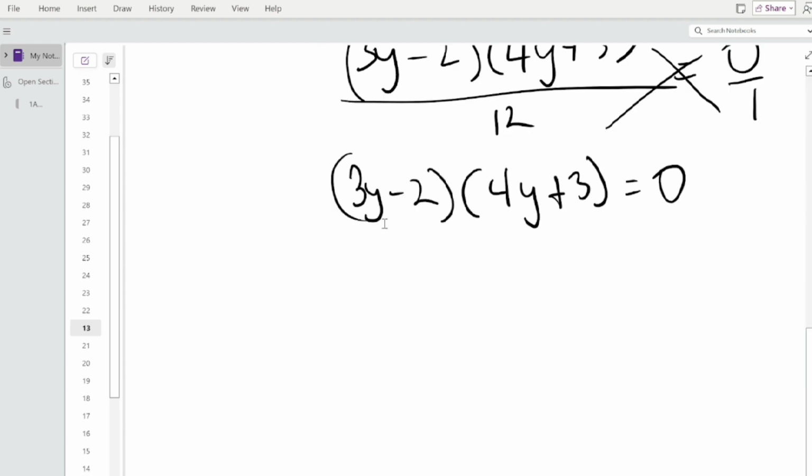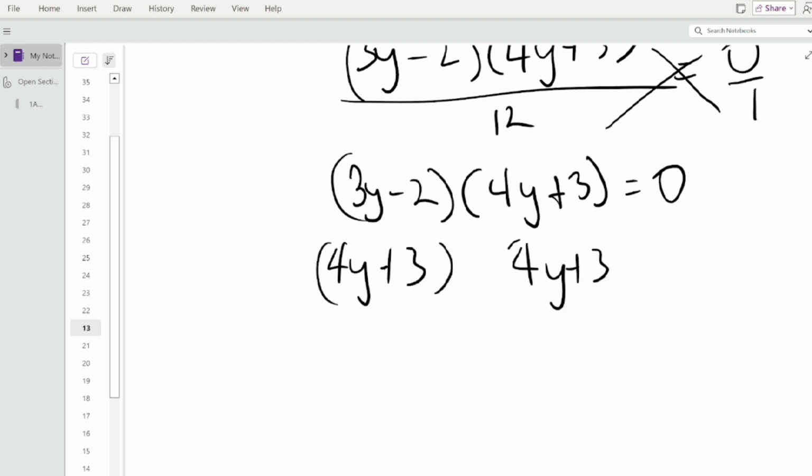When expanding, we can choose to repeat one of them twice and multiply the first by this 3y and second by minus 2, or we can do 3y times 4y, 3y times 3, minus 2 times 4y and minus 2 times 3. But for the sake of better understanding, repeat it 2 times. We are repeating the 4y plus 3 2 times.